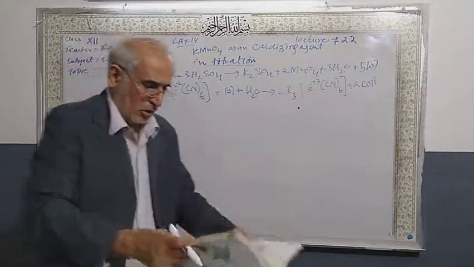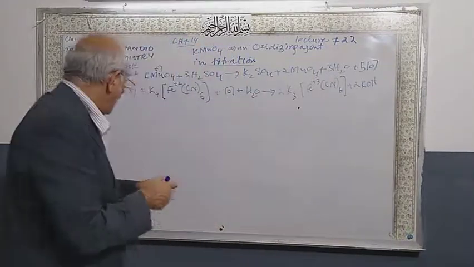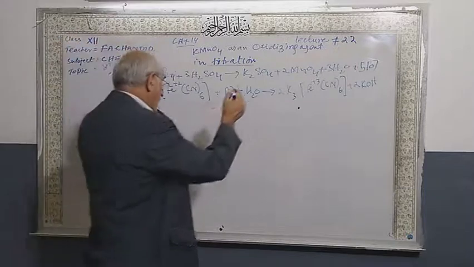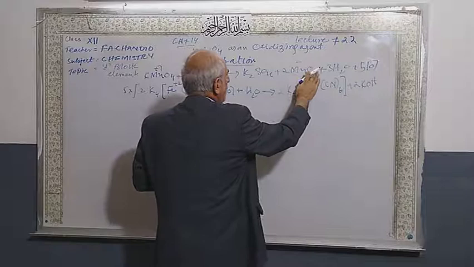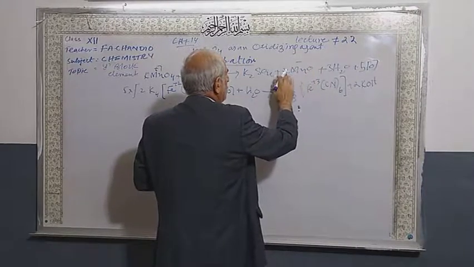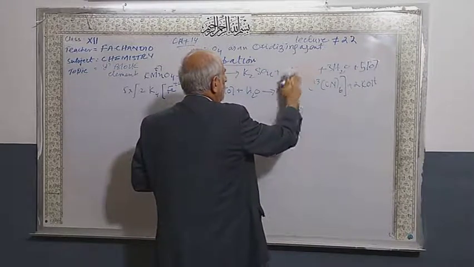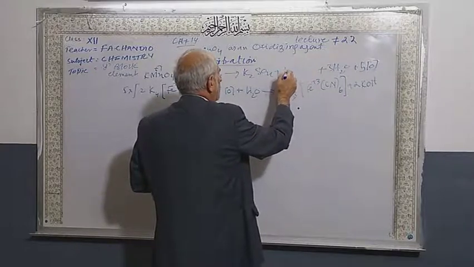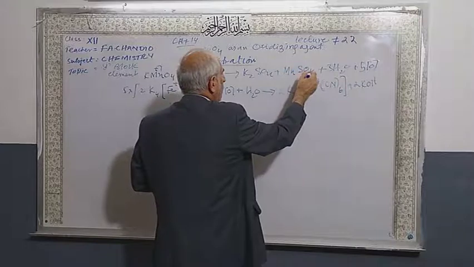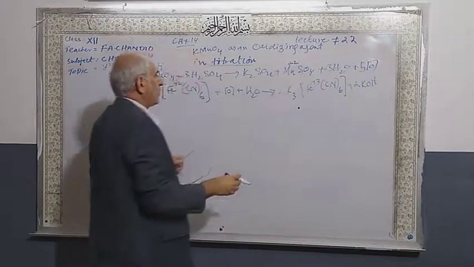Okay. So potassium permanganate means manganese dioxide. Potassium sulfate, manganese sulfate, positive 2.